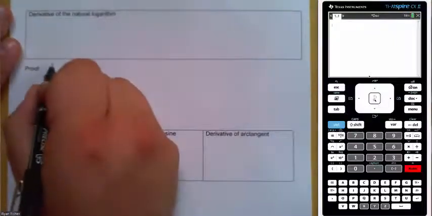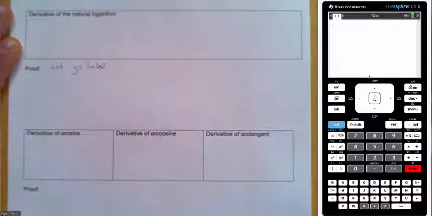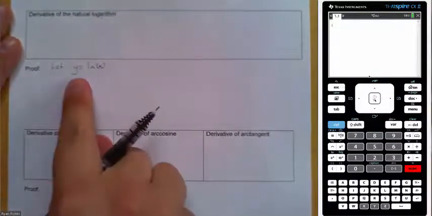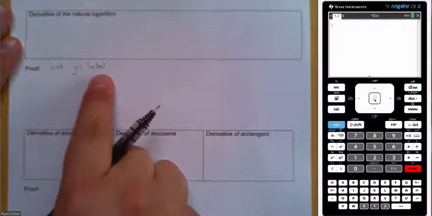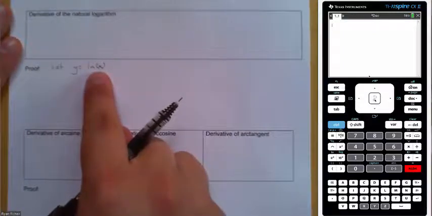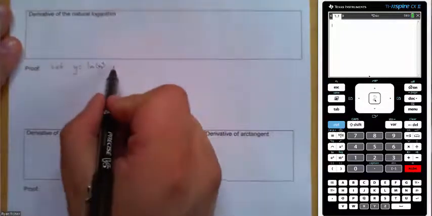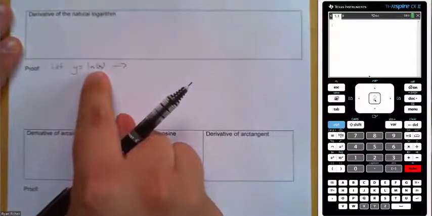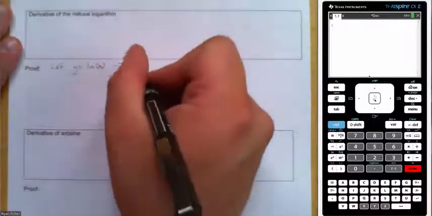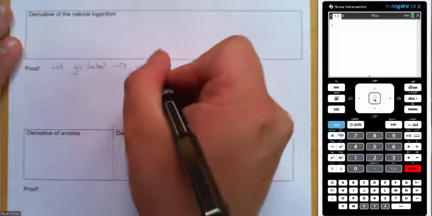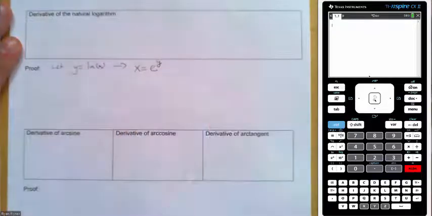So let's let y equal the natural log of x. And then we're going to try to figure out what dy dx is in this case without knowing the derivative of natural log ahead of time. What I do know is that the natural log has an inverse function, and I could rewrite this as x is equal to e to the y.